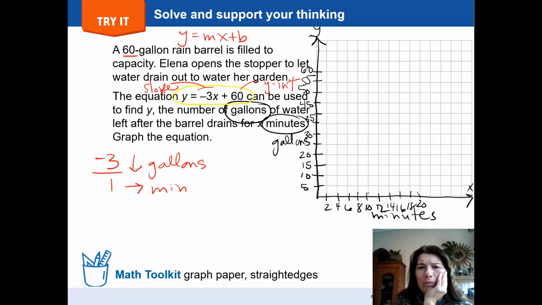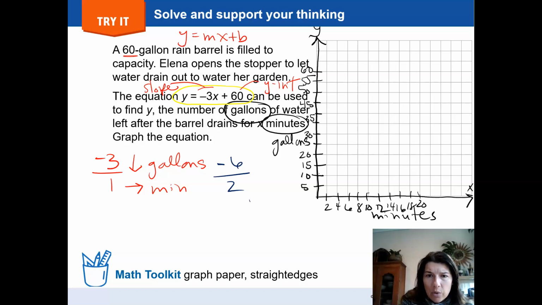But that makes me so sad because I can't see a tick mark for 1. So you could estimate it, or we could come up with some multiples here. If we're going to go down 3 for every 1, aren't we going to go down 6 for every 2?